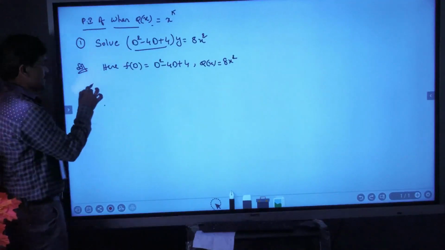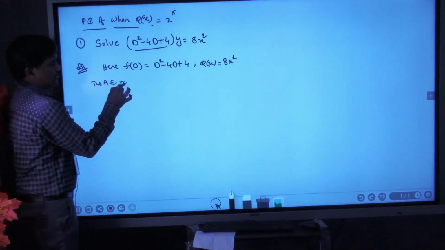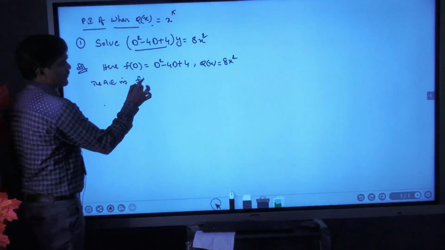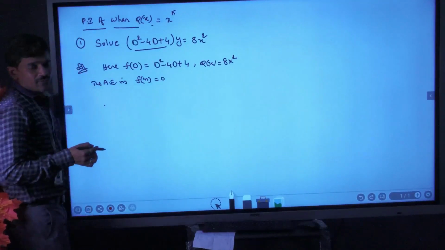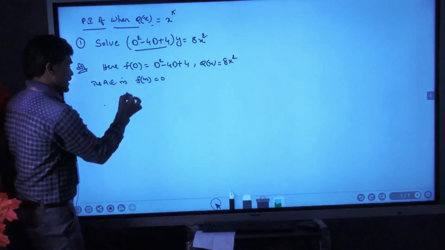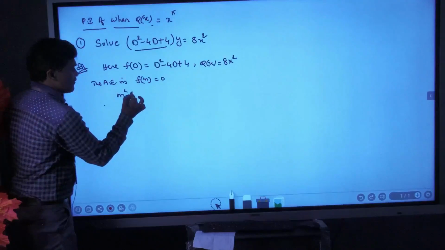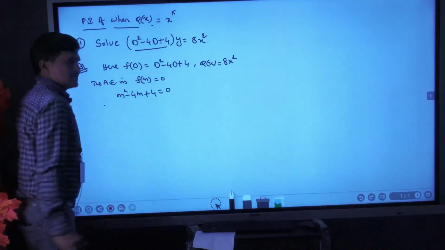Now write the auxiliary equation for finding the complementary function. What is the auxiliary equation? F of m is equal to 0. What is f of m? Replace D with m in f of D. So we get m square minus 4m plus 4 is equal to 0.